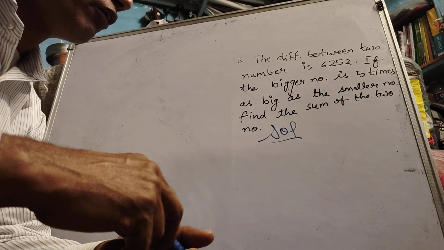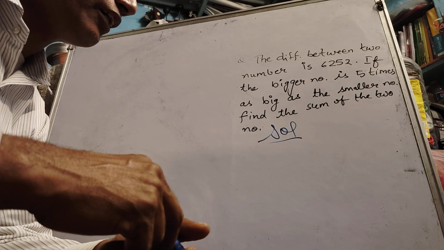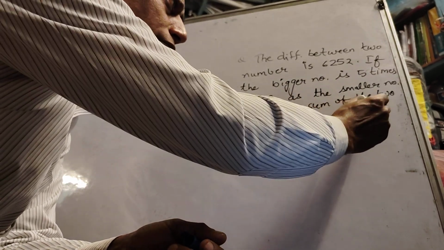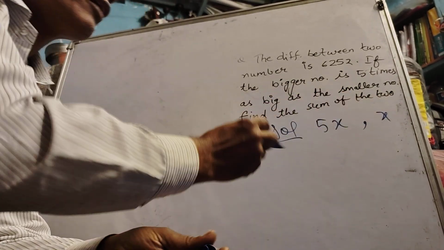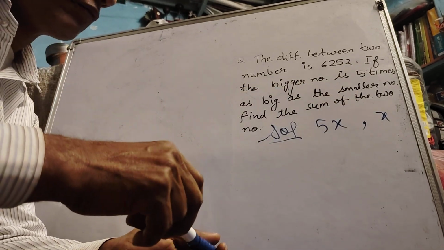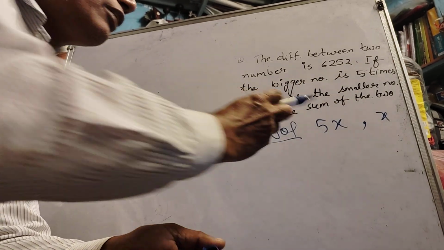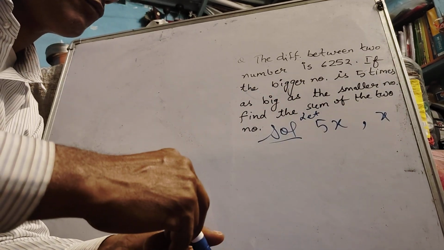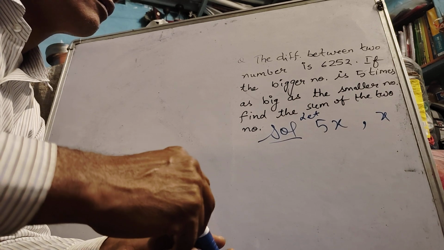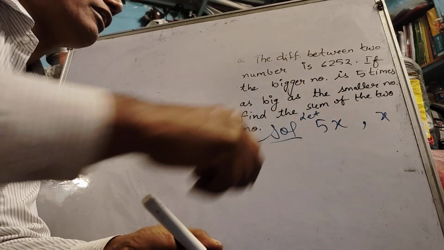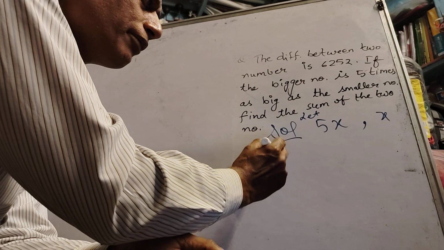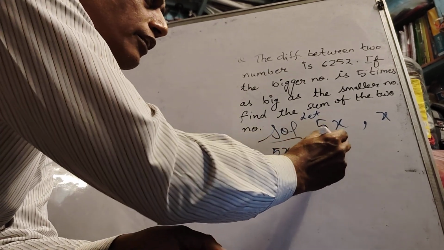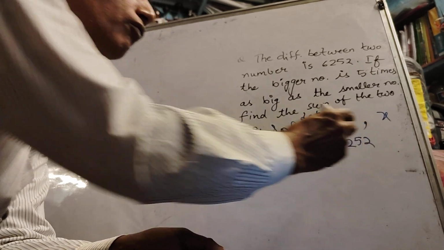So what two numbers can we take in the start? In terms of x, we take two numbers 5x and x. This is 5 times this number, so we are assuming it here. So let the two numbers be 5x and x, and the difference is 6,252. Difference means subtracting both numbers: 5x minus x, x meaning 1x, is equal to 6252.